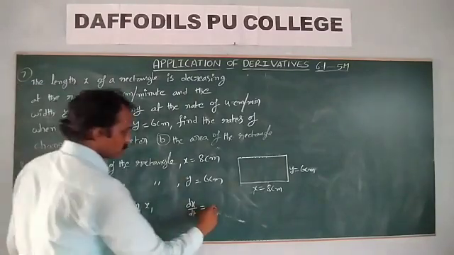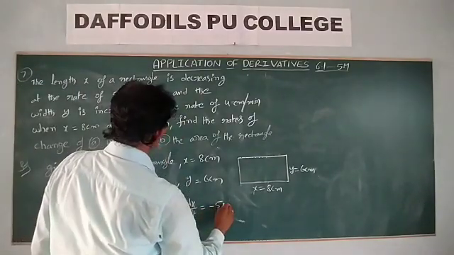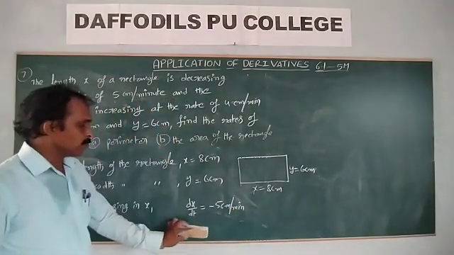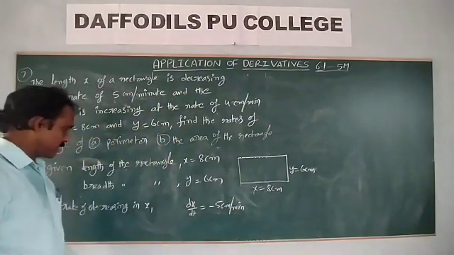Decreasing means negative value. Minus 5 centimeter per minute.